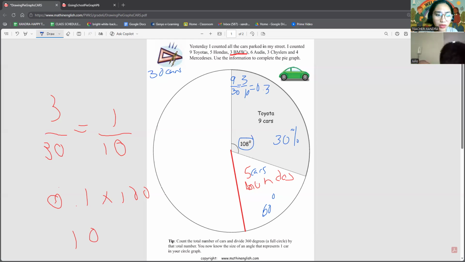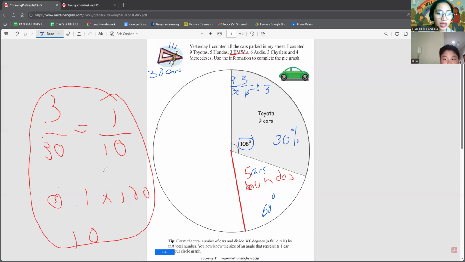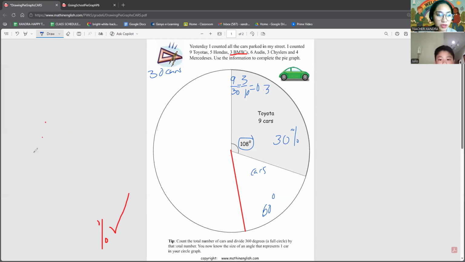What how? 3 divided by 30 times 360 degrees. Oh, okay. But I thought we were going to do this one. We're already done. So this is already 10%. For 3 BMWs, it's 10%.